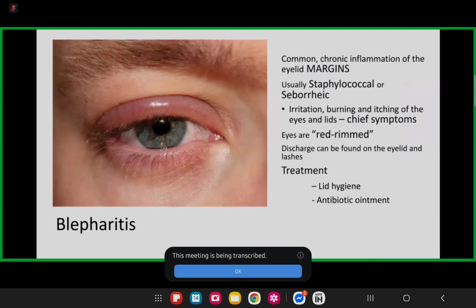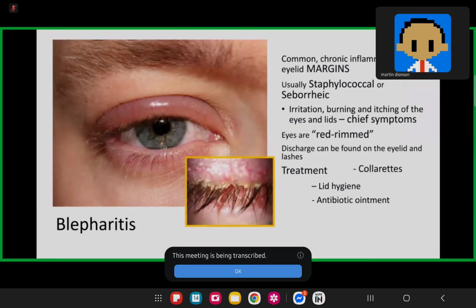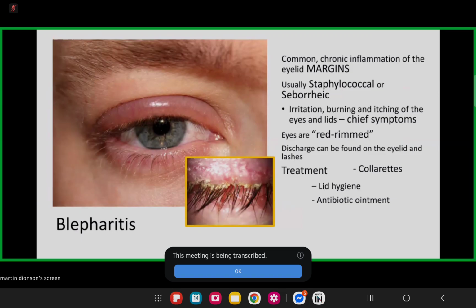Often when we look at the slit lamp, or in a zoomed view, we would see a discharge noted on the eyelids, especially on the eyelashes. This discharge is what we call collarettes. These are crusty golden discharge located at the base of your lashes.